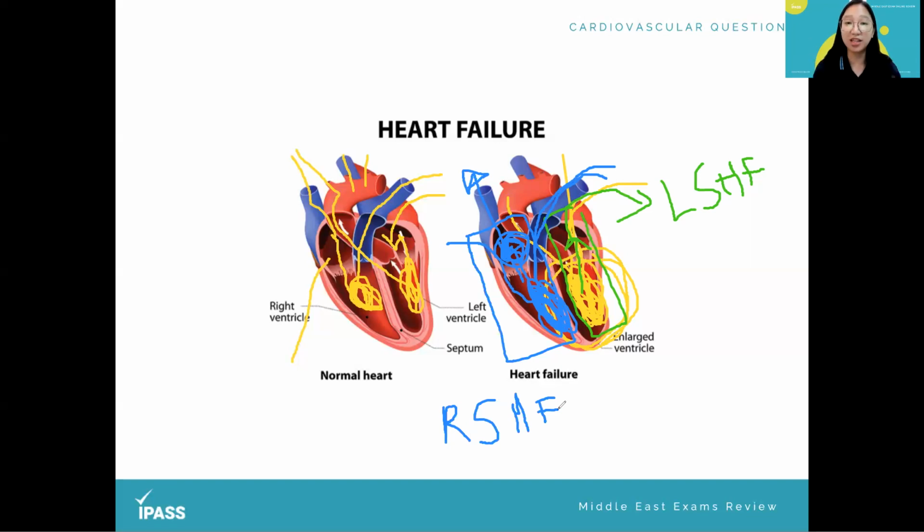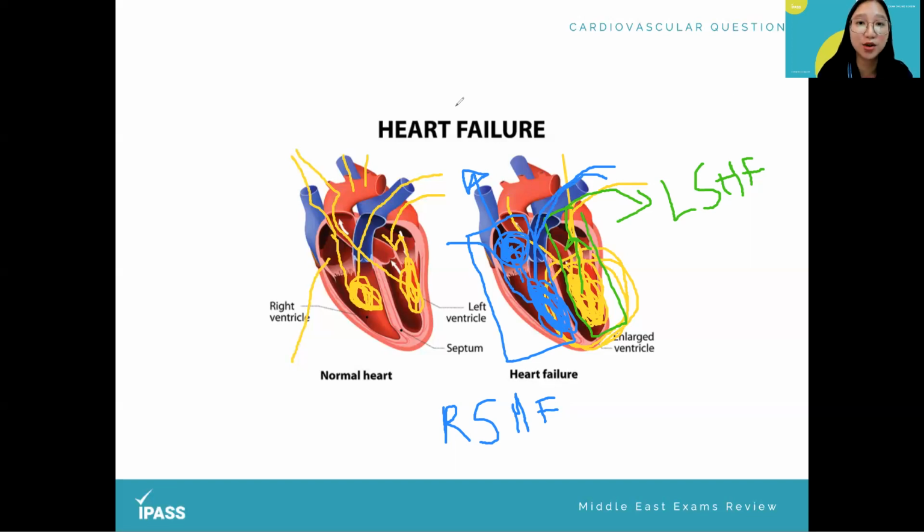So again, dear nurses, test-taking technique and strategy: when the origin is on the left side, letter L, and the manifestations are letter L as well, lung in origin, that is left-sided heart failure. If the origin is from the right side of the heart and the manifestations are related to the systemic circulation aside from lung problems, that is right-sided heart failure.